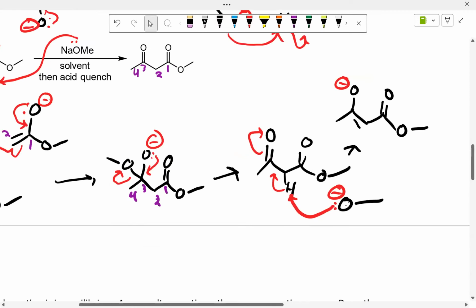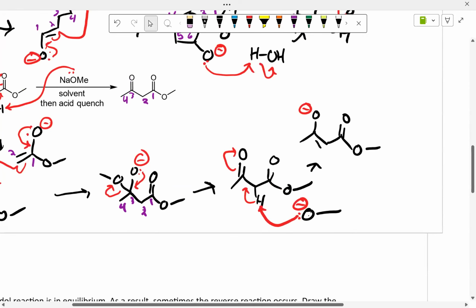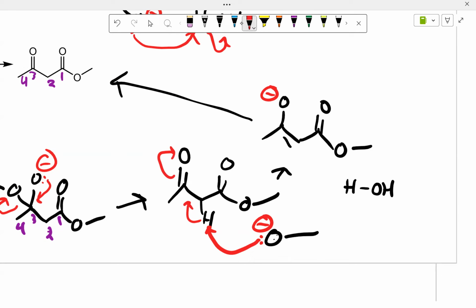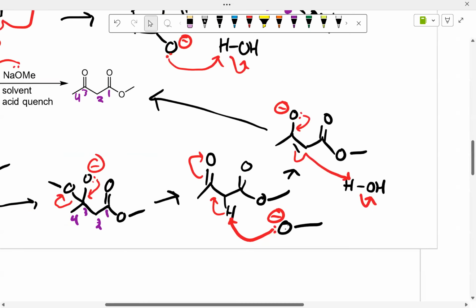And then now to get to the products, all we need to do is just protonate this oxygen right here. I didn't say that there's water. All I said was solvent, so I'm just going to protonate with water here. And that gets us to the products.